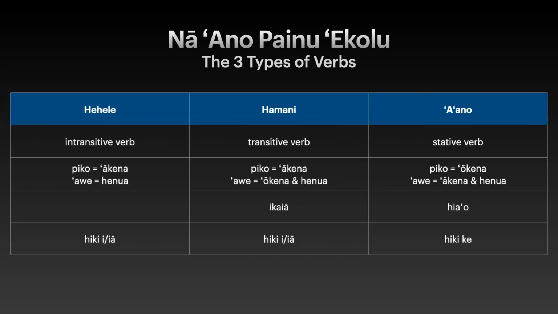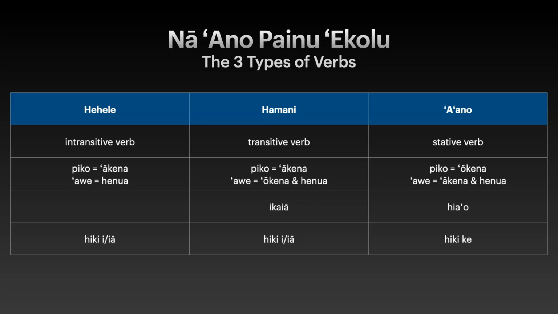The third type of painu that we have is an ʻaʻano, or a stative verb. These are like description words. In the piko of a regular pepeke painu, the piko is going to be the ʻOkena, the thing that is being described.